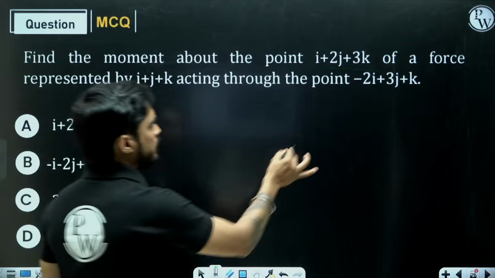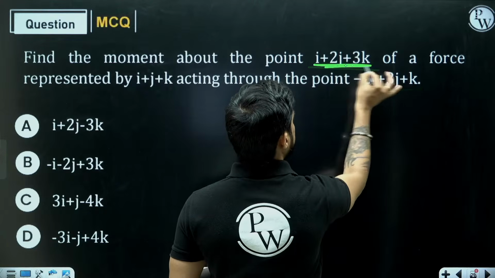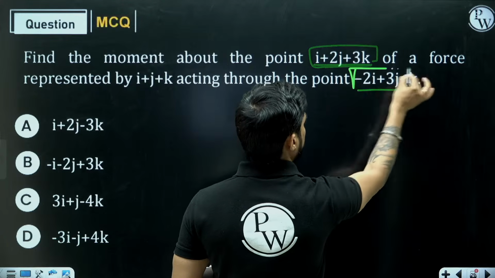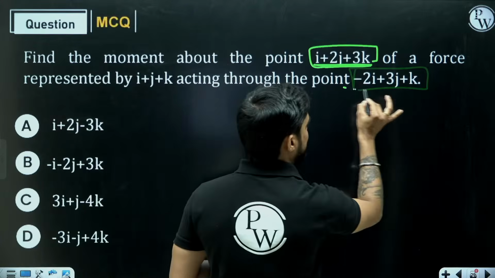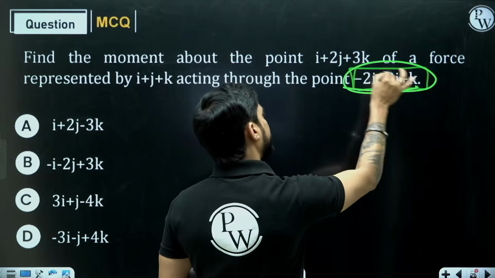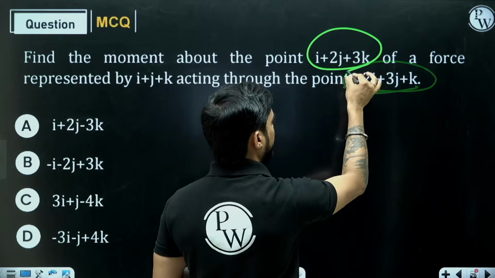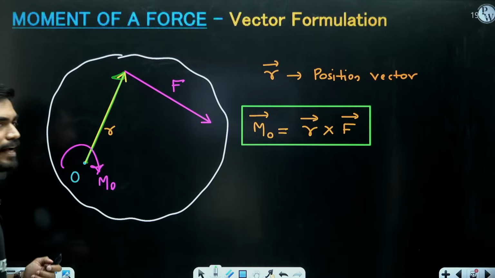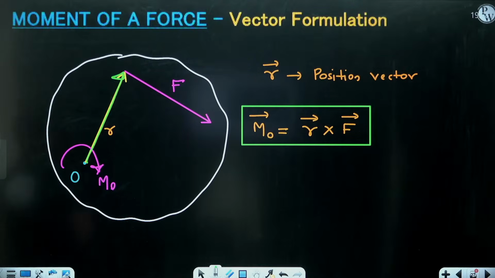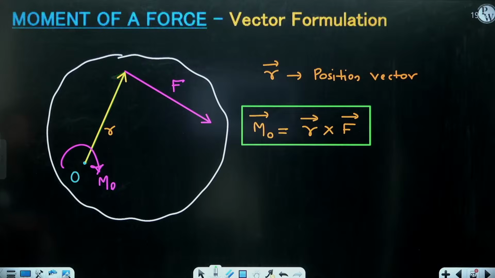From this point to this point, we will first find the position vector. The force is passing through one point and we need to find the moment at the other. So how do we calculate the position vector?